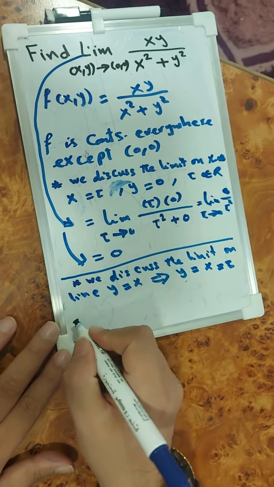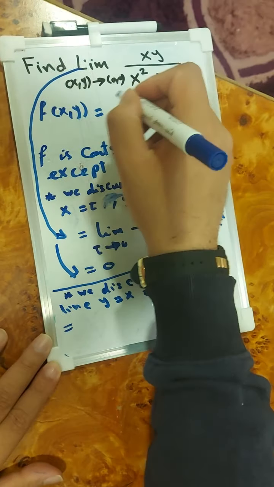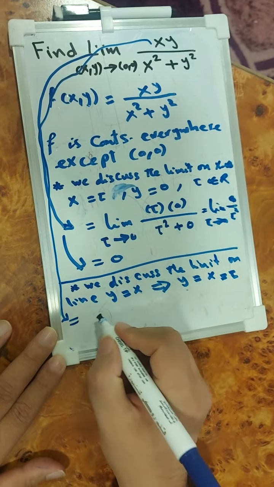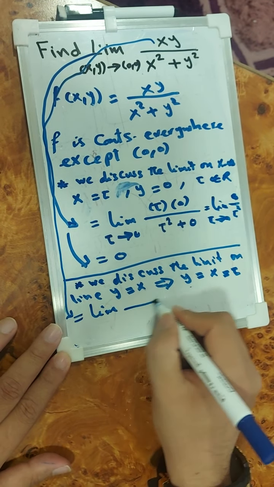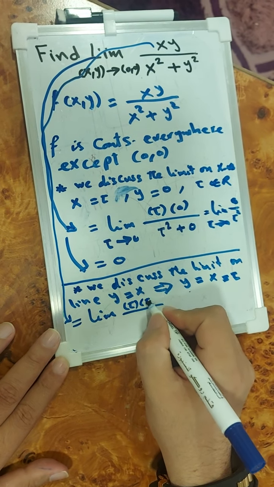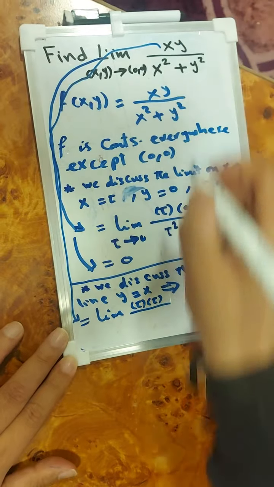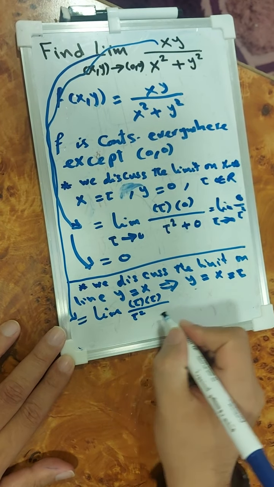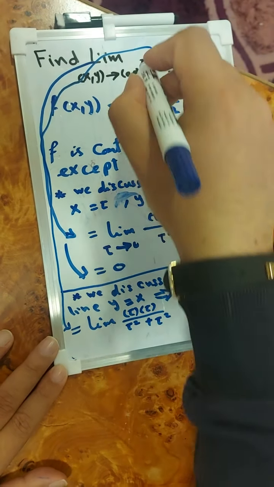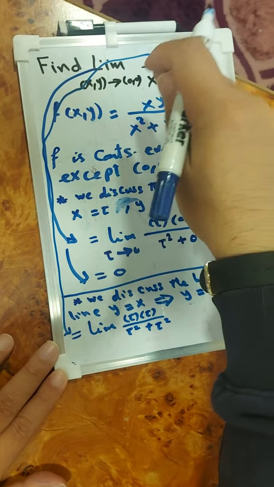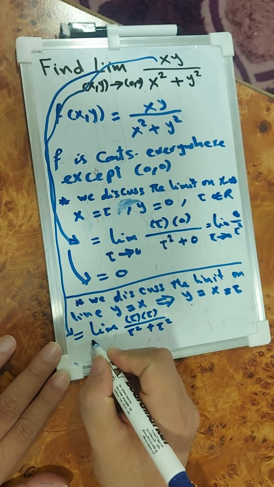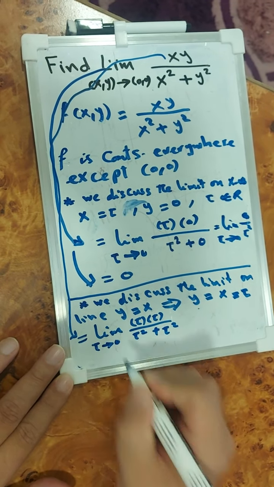If we take this limit again, we put x equal t and also y equal t. So t multiply t equals t square in the numerator, and in the denominator, x equal t gives t square, and y equal t gives t square. Of course, as x approaches 0, t approaches 0, and as y approaches 0, t approaches 0. So the variable of the limit is t approaching 0.